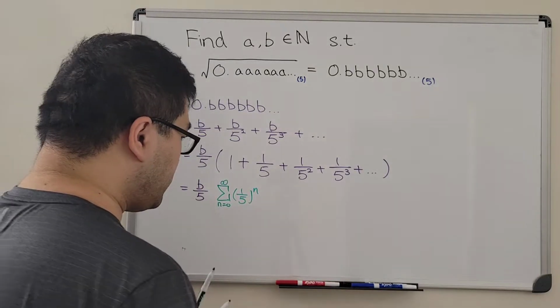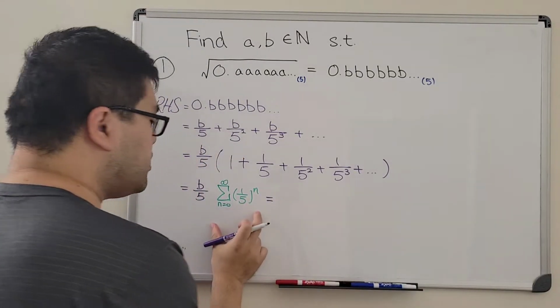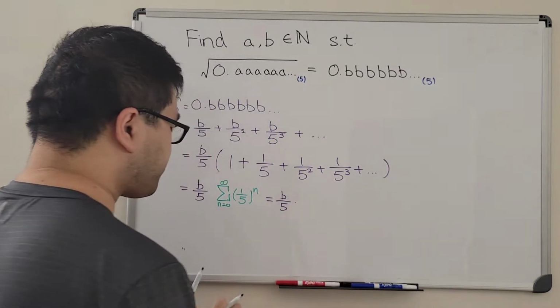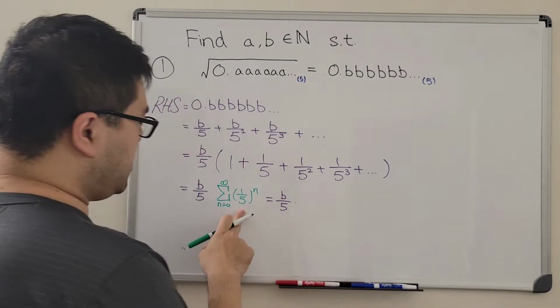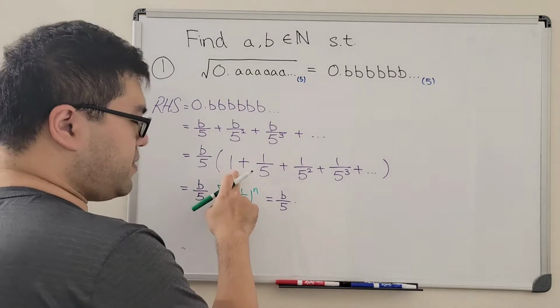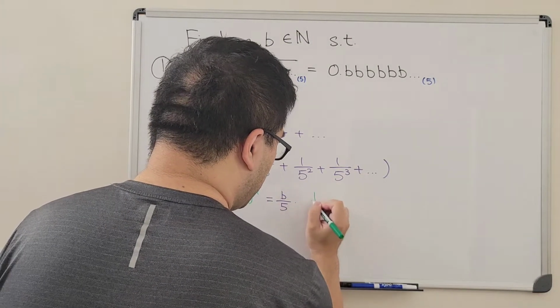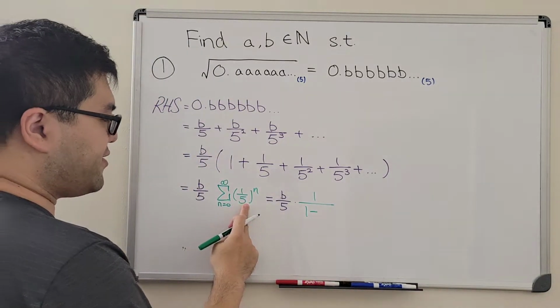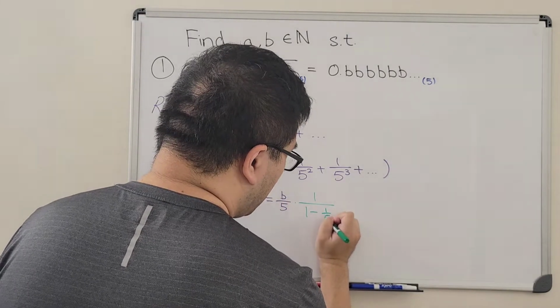And using the formula we know about the geometric series, this part will turn into 1 divided by 1 minus the ratio, 1 over 5.